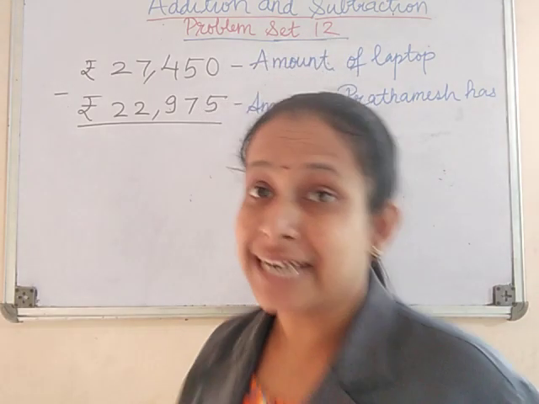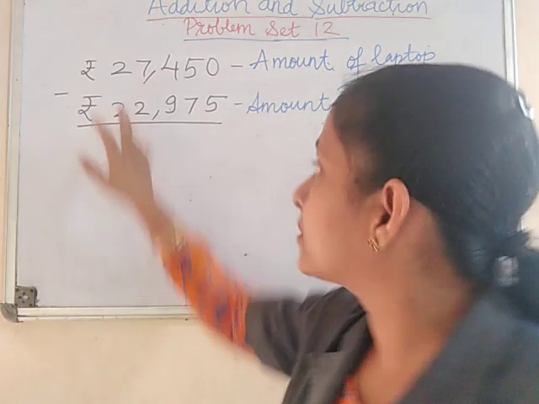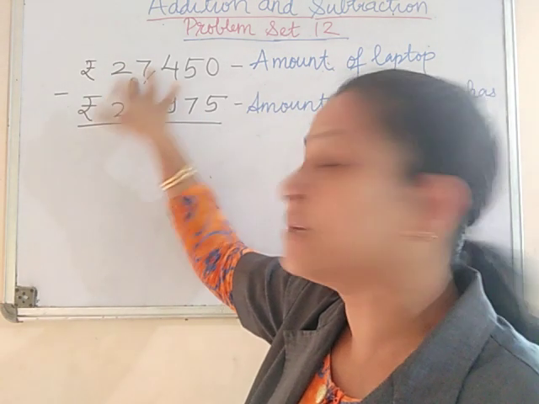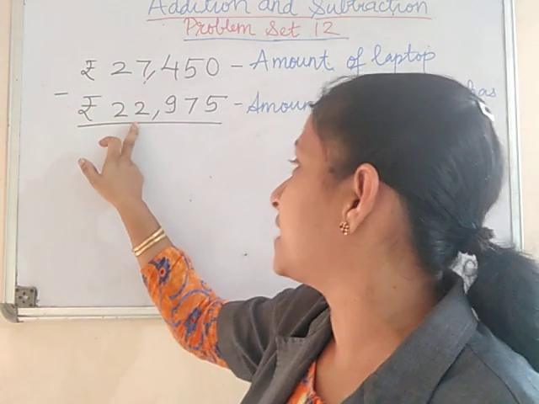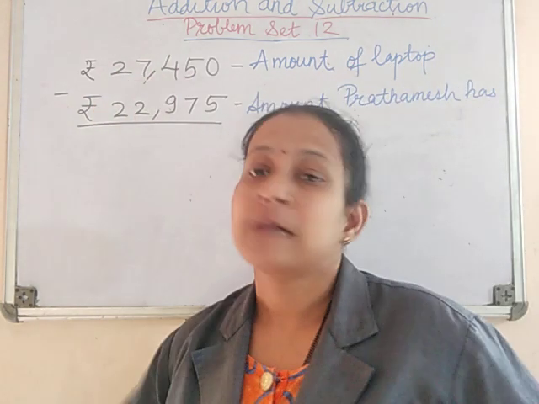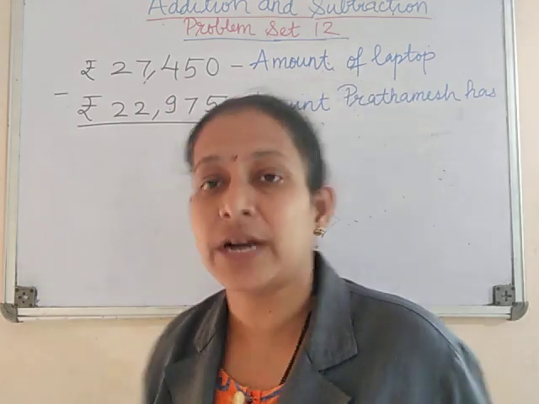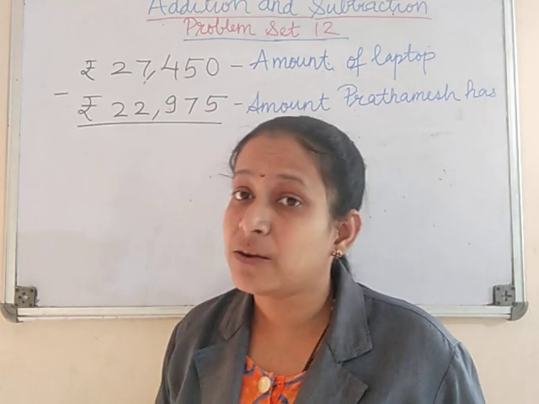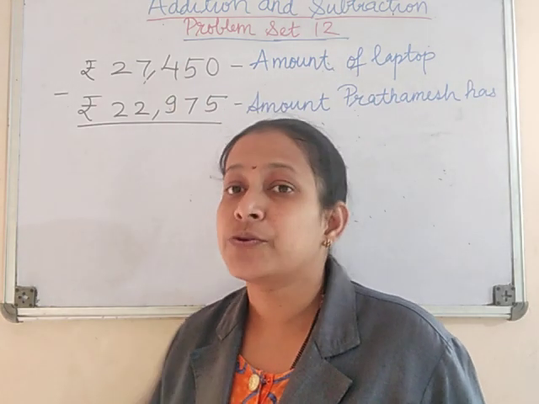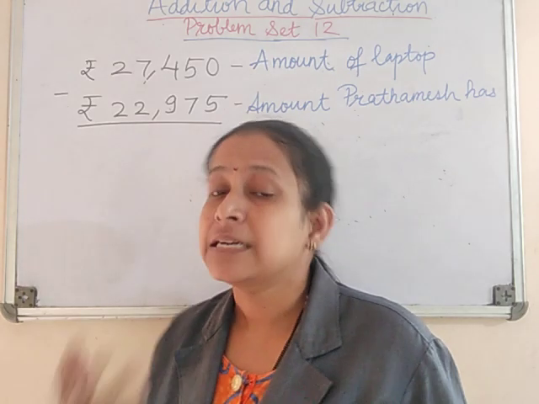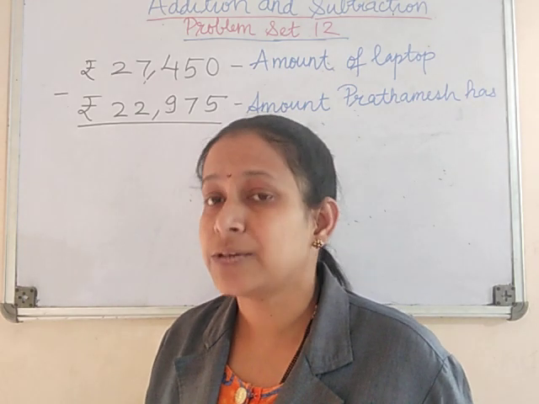We need to write down the data in this manner, because the laptop cost is 27,450, a greater number compared to 22,975. Therefore we have to subtract 22,975 from 27,450 and find the difference to know how much more money Prathamesh requires.